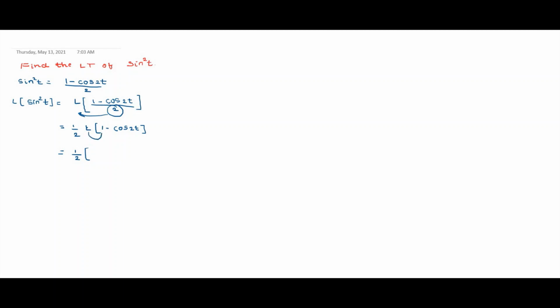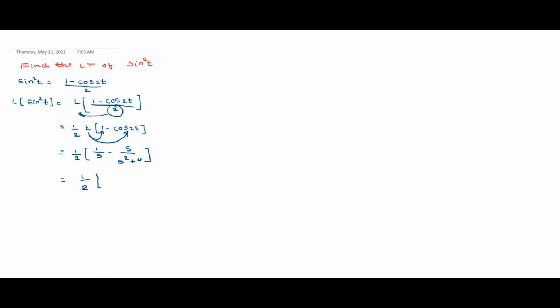Now what is the Laplace transform of 1? The Laplace transform of 1 is 1 divided by s, minus the Laplace transform of cos 2t. Cos gives s divided by s square plus a square, without h it is plus, and 2 square is 4. So we write 1 divided by 2 into the bracket.